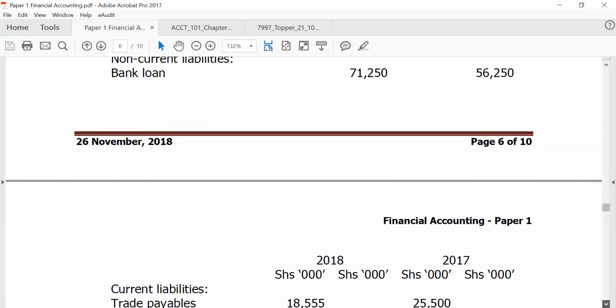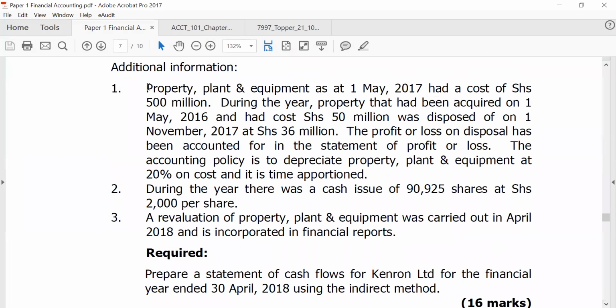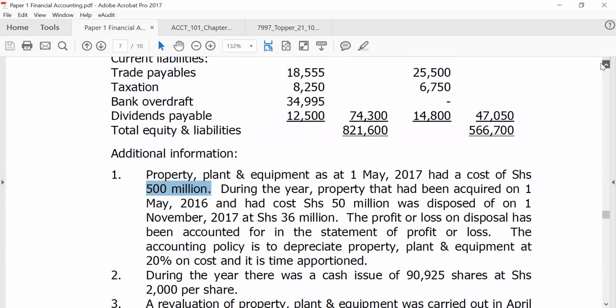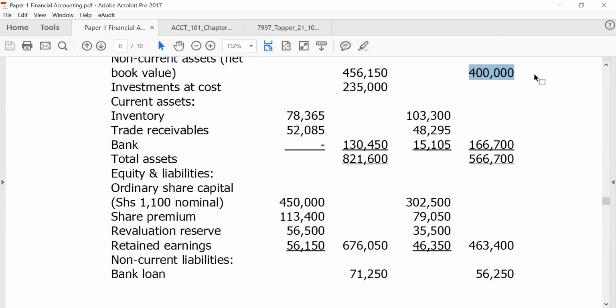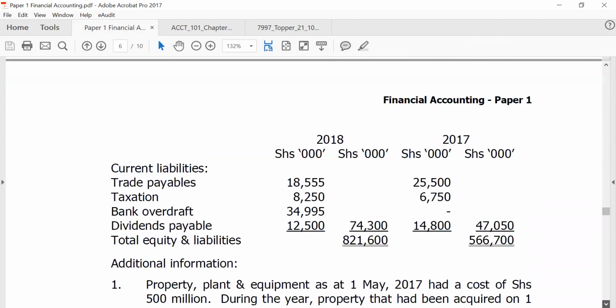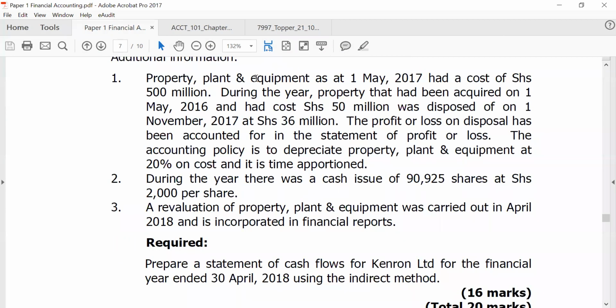When you come down here, they are telling you that plant, property and equipment as at 1st May 2017 had a cost of 500 million. So basically it had a cost of 500 million. Here we can strongly say that the accumulated depreciation at that stage was about 100 million, because they are giving us 400 as that, but you don't bring it in at this level, since our account is based on net book values.